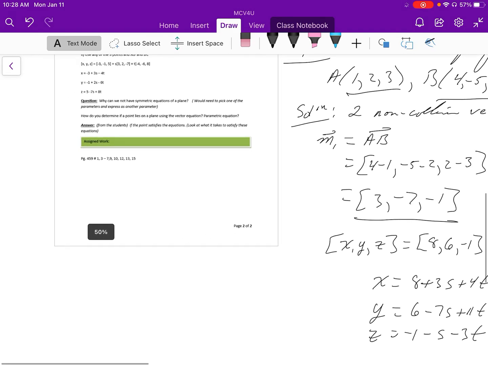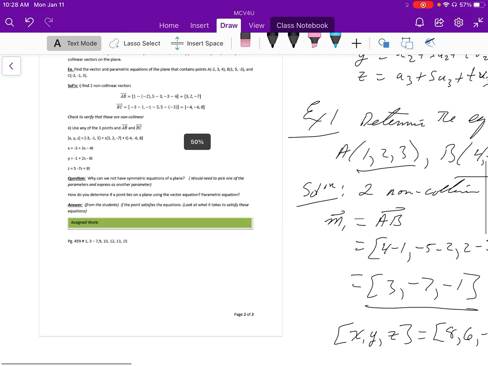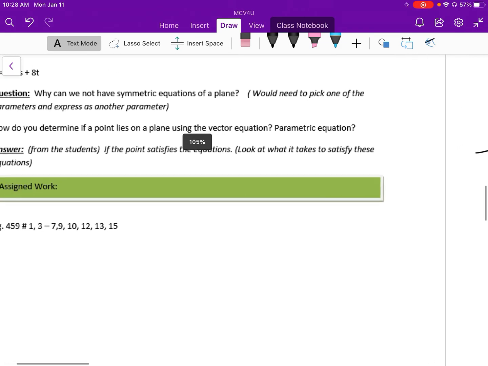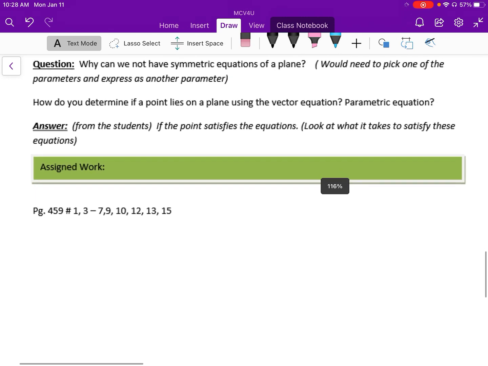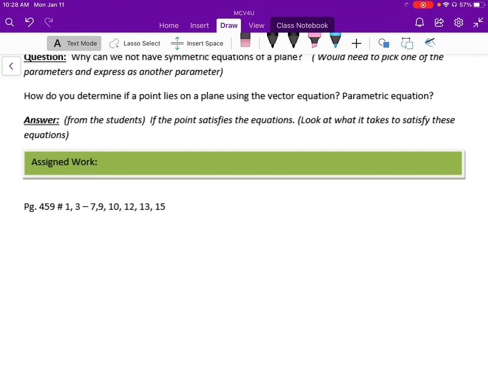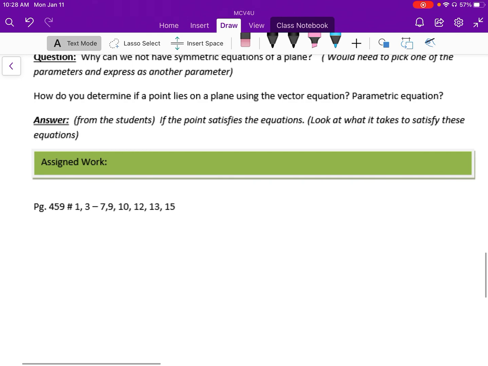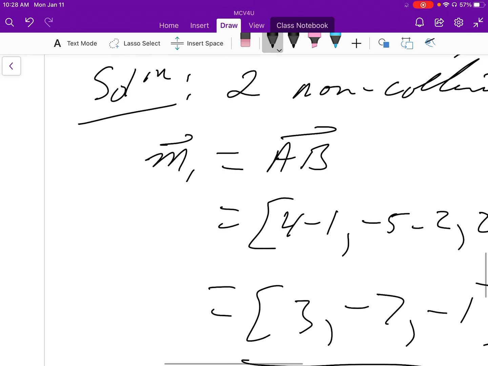Okay, what's the final thing here? How do we determine if a point lies on a plane using the vector or parametric equations? Well, the point needs to satisfy the equations. What does that look like? Again, there's a bunch of algebra involved.